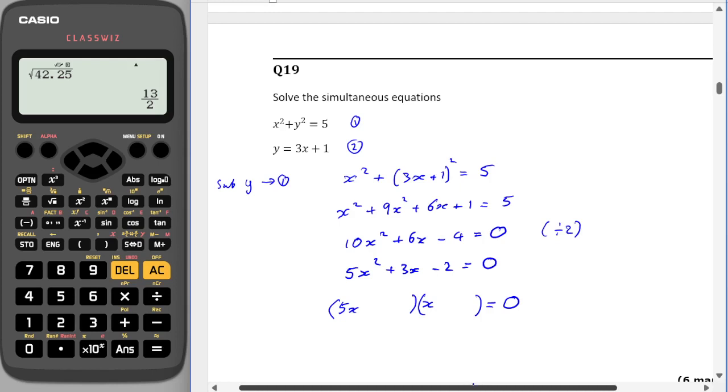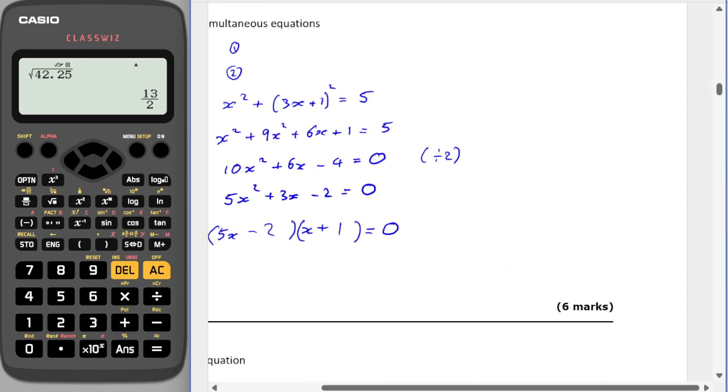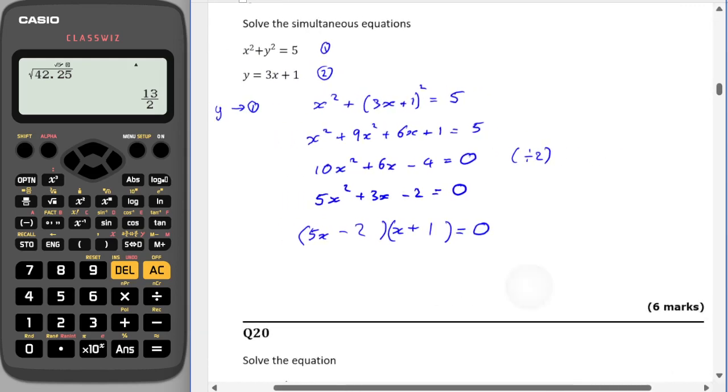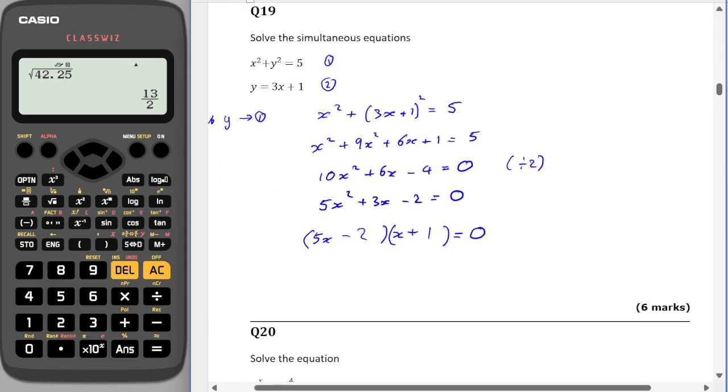So if I go 5 minus 2, that will give me my values. Just looking for working room. I'll just squash it a little bit. So to make x 0 in this first case, x would need to be equal to 2/5, and to make x 0 here, x would need to be equal to minus 1.